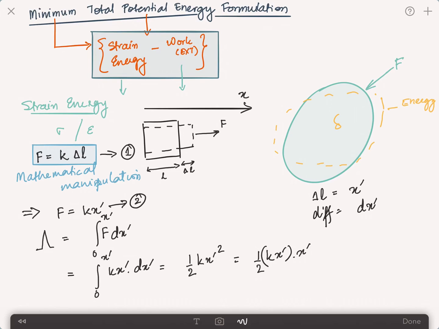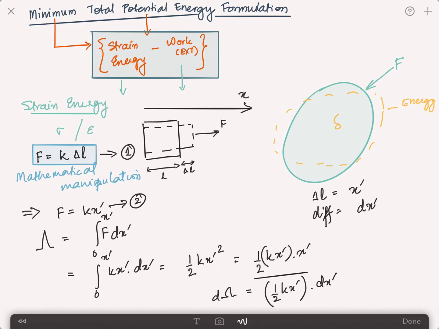Then we can also write, for a certain differential volume, that if the strain energy is given as this, then a differential strain energy is given as half kx', because I can put that inside with the differential length dx'. So in basic idea, what we did is that we took a continuum, we applied a force on it, and there was a certain reaction from the force in terms of a deformation.